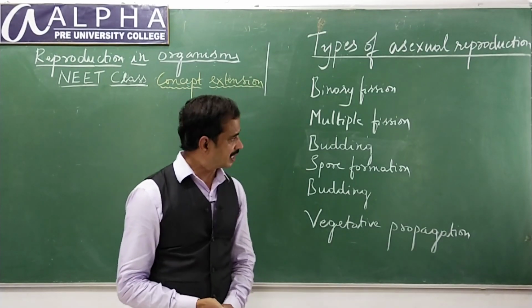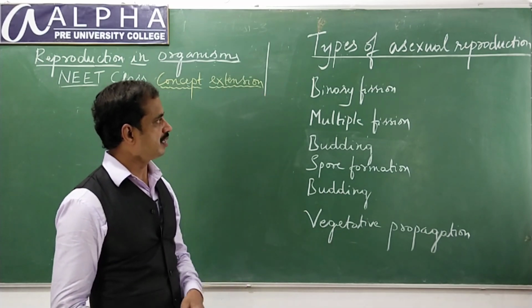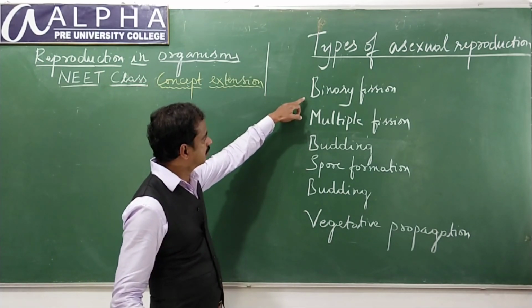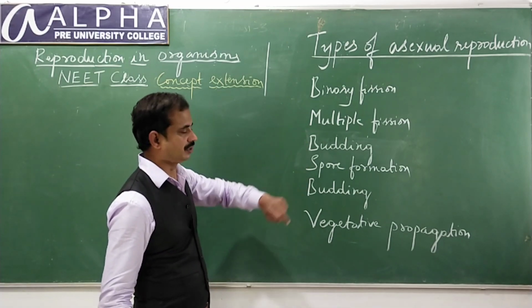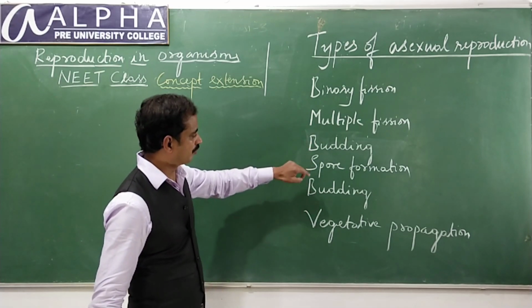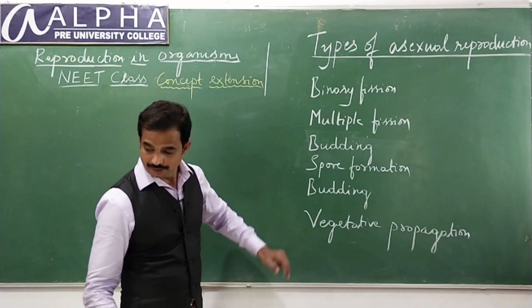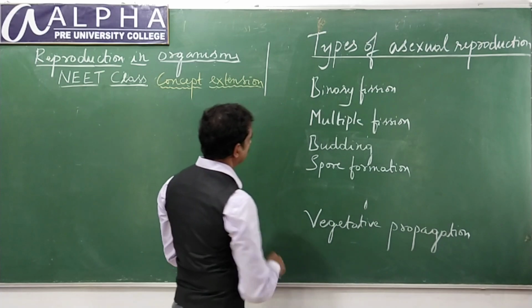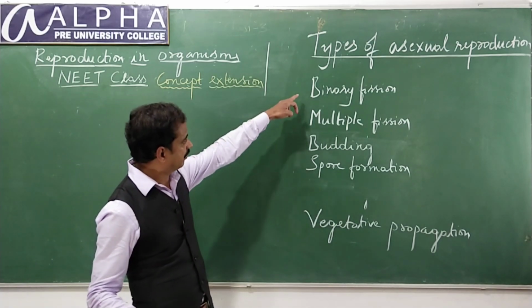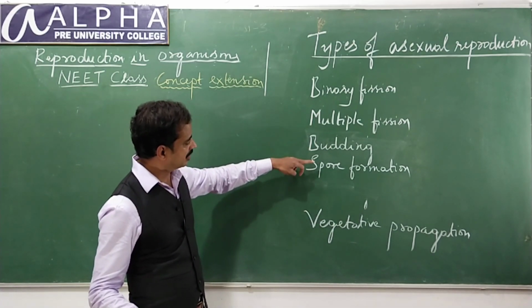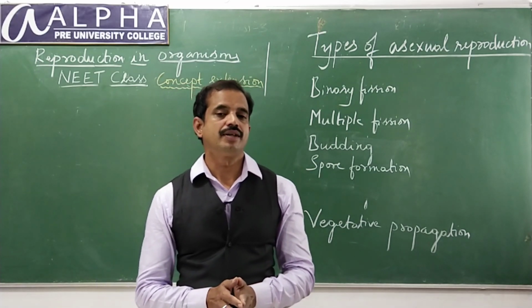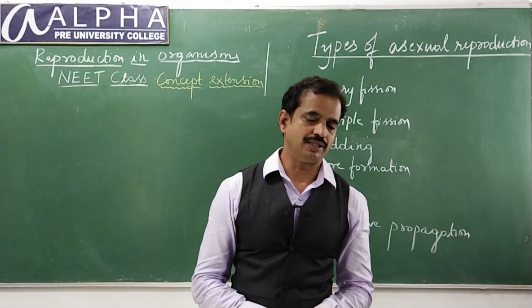Okay students, next we are going to discuss types of asexual reproduction in organisms, and you have studied binary fission, multiple fission, budding, spore formation, and vegetative propagation as the different methods of asexual reproduction seen in organisms.